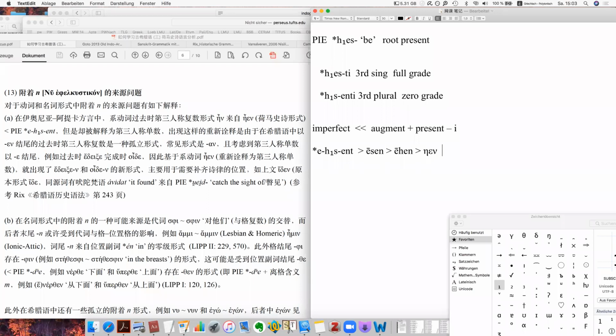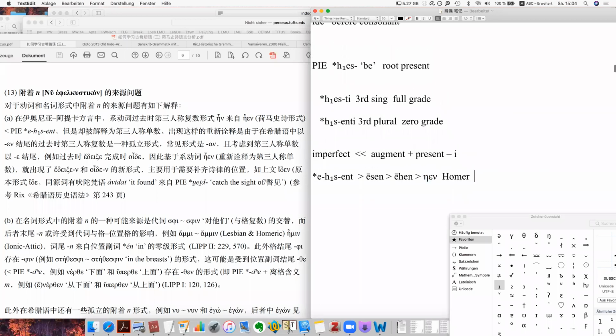So this is attested in Homeric Greek. But in Attic Greek, you actually find n. Now comes the question. This form originally is they, right?